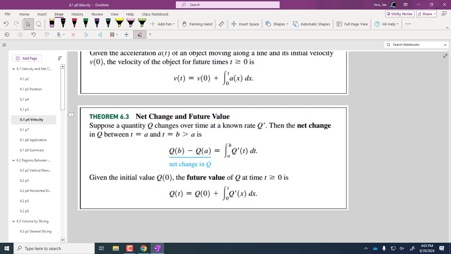If you just think of Q as a quantity, and then Q prime is its rate of change, you could do this whole exact thing and just replace the V's with Q's and Q prime, because remember, A is V prime, right? The derivative of velocity gives you acceleration. So this just generalizes the idea of a future value. If you go into any sort of econ classes, you'll see this equation a lot.